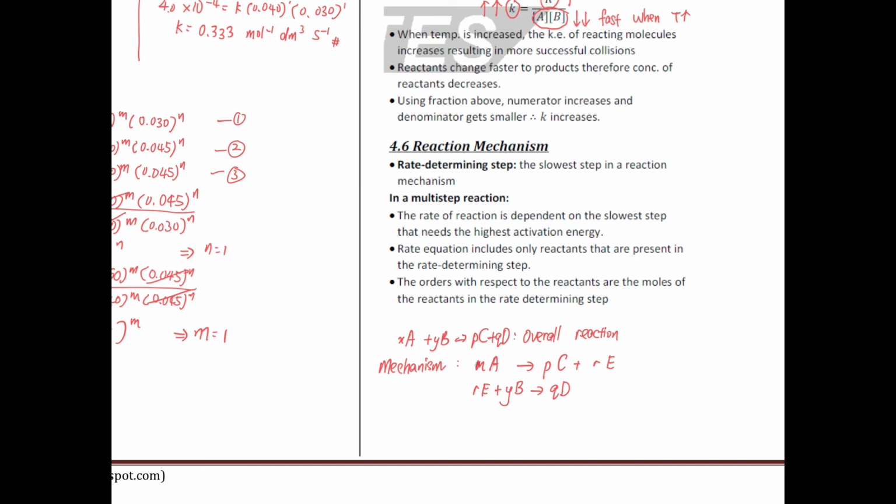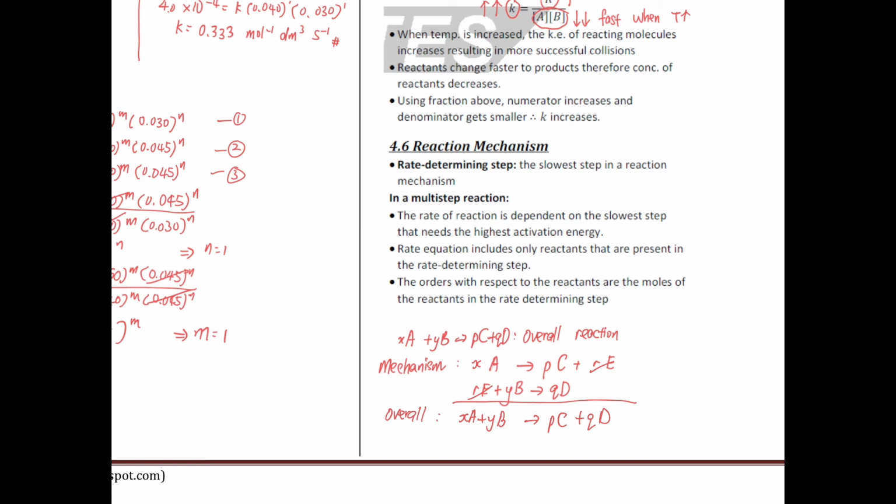So here I have to put X. For the overall equation, you can cancel the same things on both sides, and then the remaining will add up on each side. So XA plus YB become PC plus QD. So the overall is the same as what I have on top there.